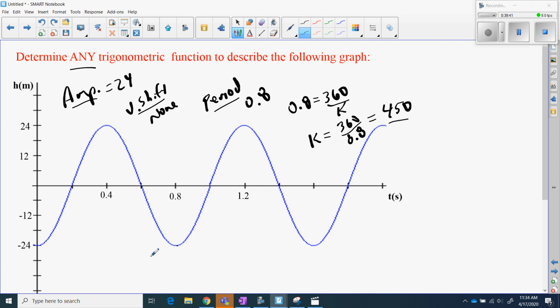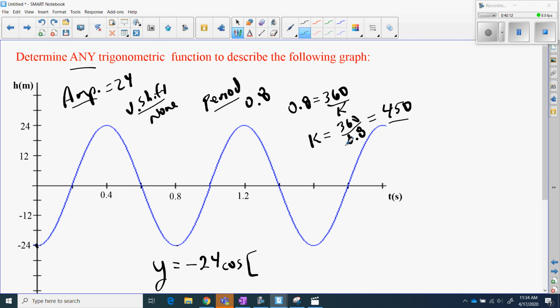Oh, here I go. Y equals, I'm going to look this over and decide whether I'm going to go sine or cosine, positive sine, negative cosine. Well, I think the best choice, if you look at 0, this graph is right at a low point, which is the perfect spot to be if the graph is making the pattern negative cosine. So I'm going to go negative amplitude 24 cosine.